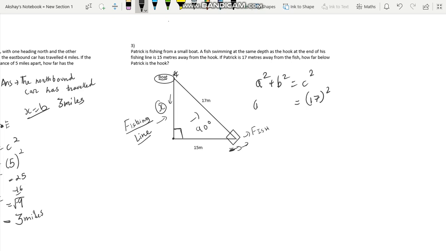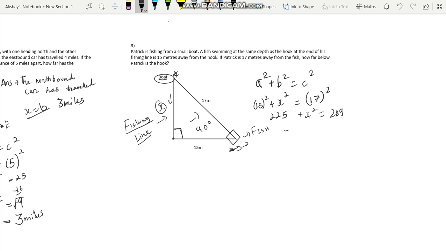I'm going to say a is 15, so 15 squared. Our b can also be labeled by x, which is what we want to find. 15 squared is 225, plus, it should be plus, not equal to, plus x squared is equal to 17 squared, which gives us 289.